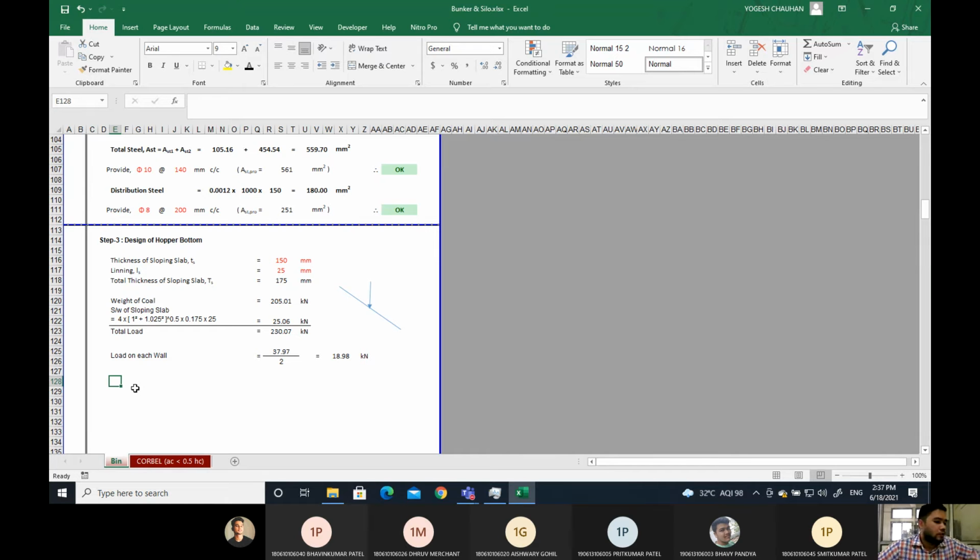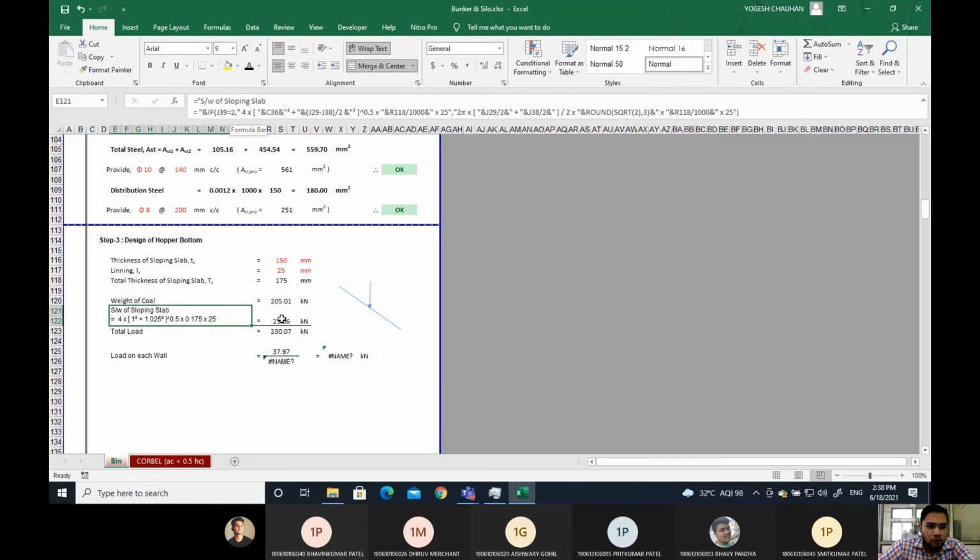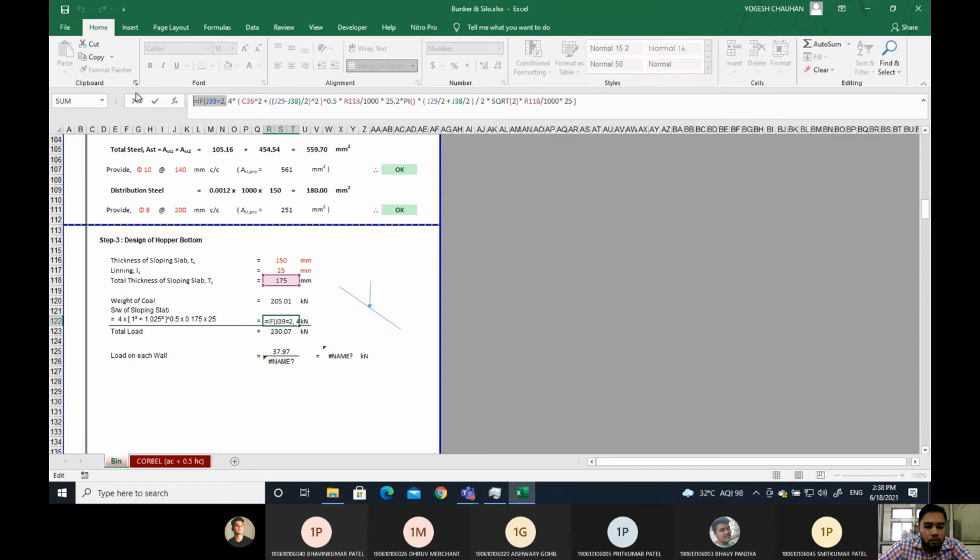Now you have to equate it with the load. See, this will be 4 because 4 walls will be there. Now this value will be equal to, if this is 2, then it is 4, otherwise it is 1.